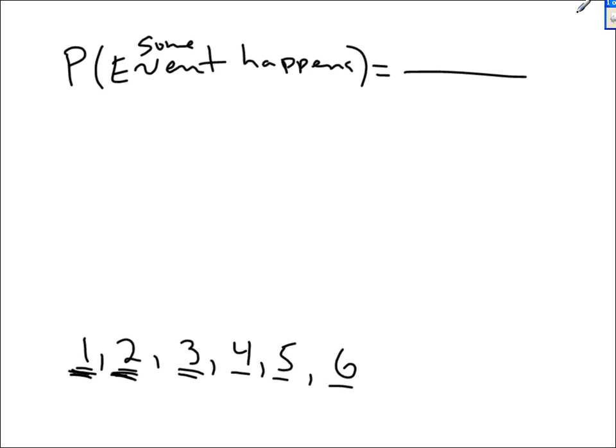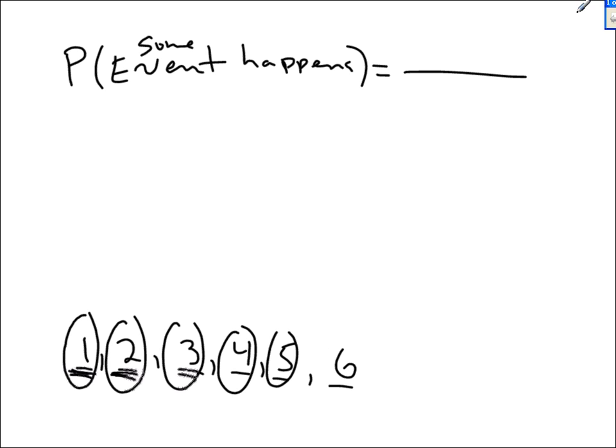If you ran this experiment, the experiment being rolling a die, if you rolled a die 600 times, most likely, on average, each of these numbers will have come up 100 times. That's what I mean by equally likely.